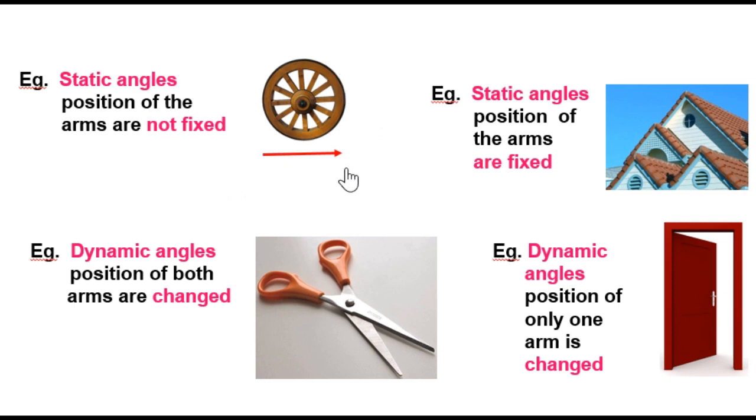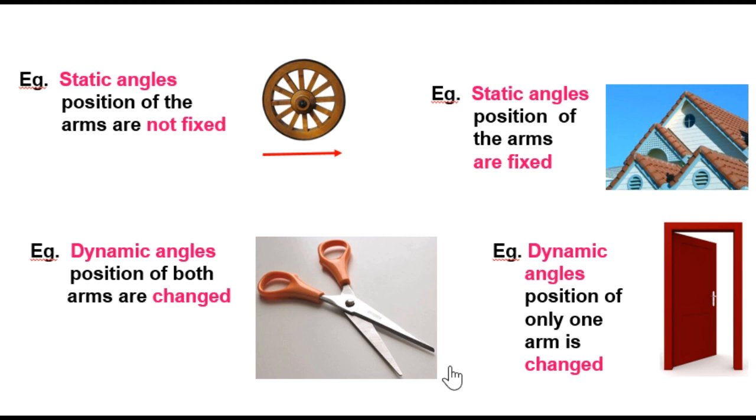See this example. This house has static angles, and their positions are not changed, they are fixed. Here this pair of scissors has a dynamic angle, as the position of both arms is changed.